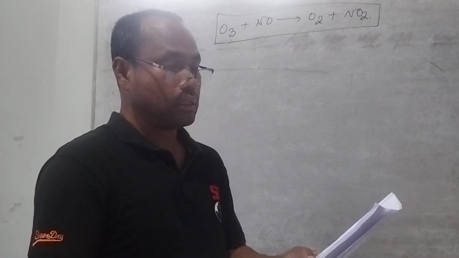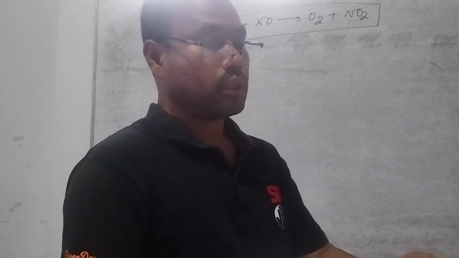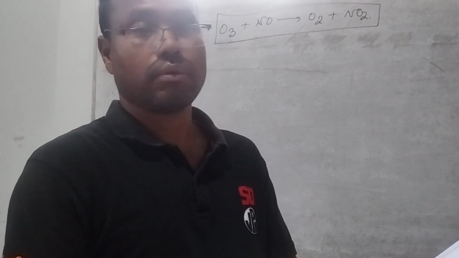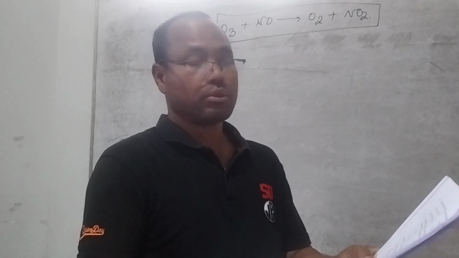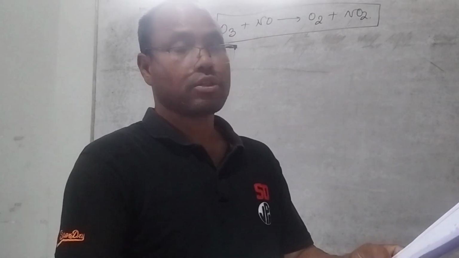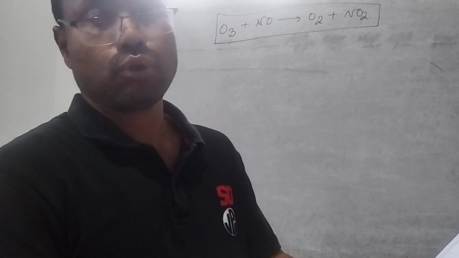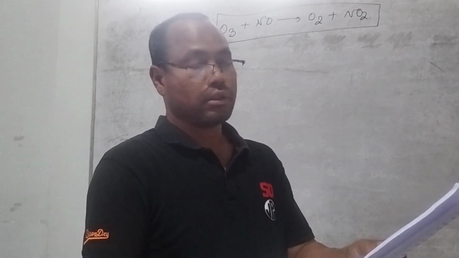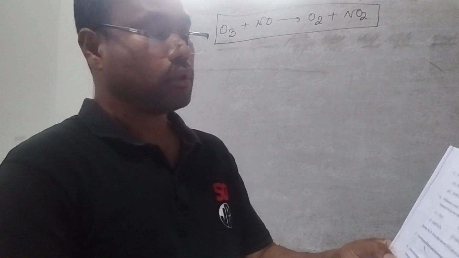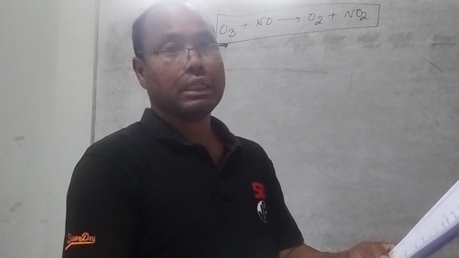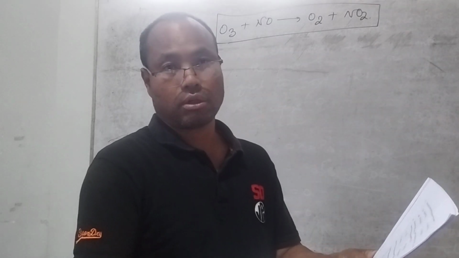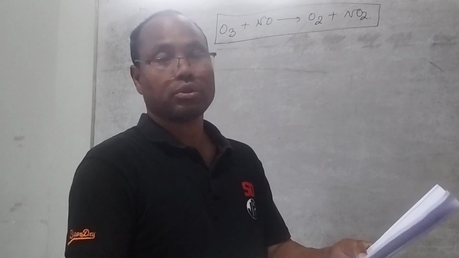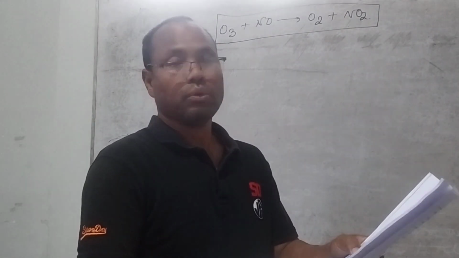Here, in the chemistry of the stratosphere, ozone decomposes into oxygen in the presence of NO. Nitrogen monoxide reacts with O3, ozone, and forms oxygen plus NO2. The decomposition of O3 into O2 depends upon the concentration of NO, right? In the presence of NO, O3 can be decomposed into O2.